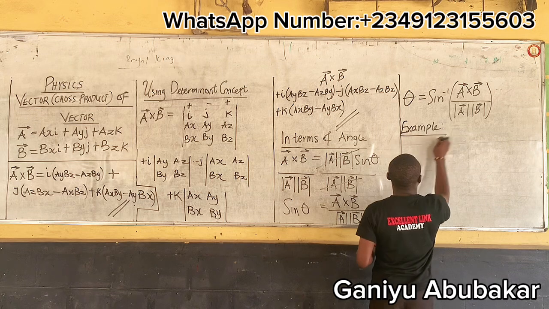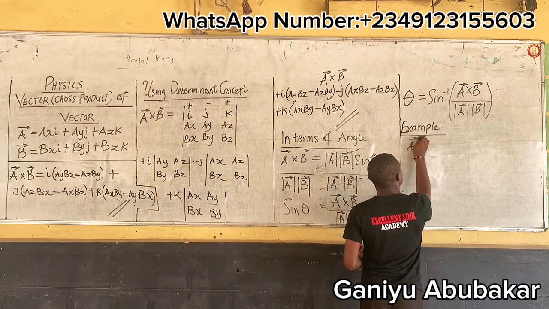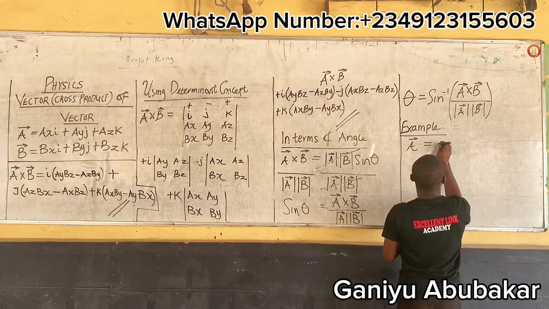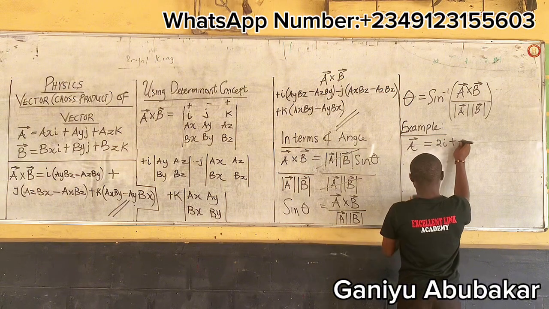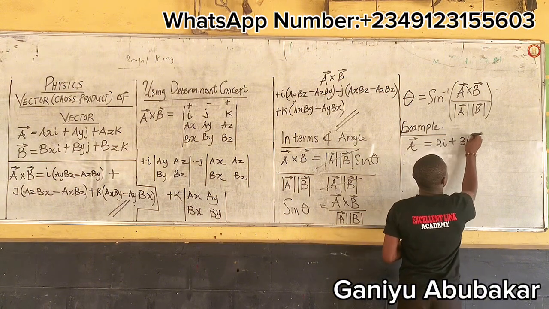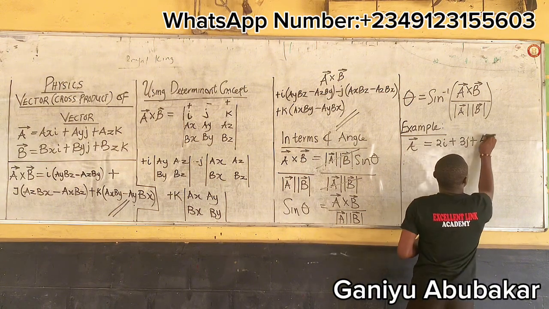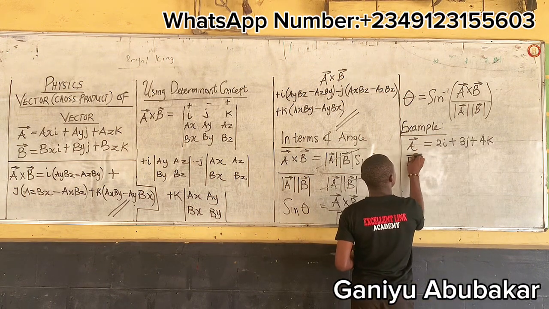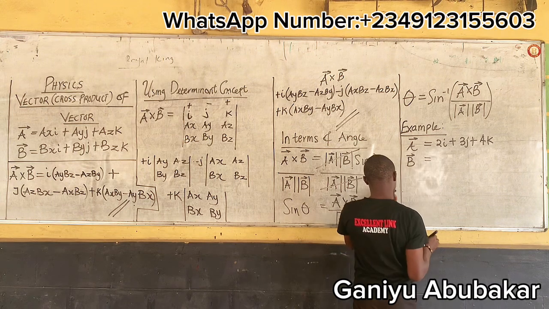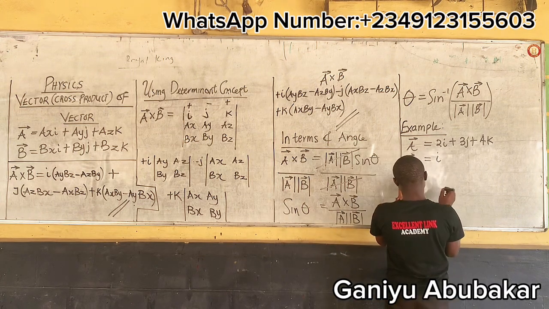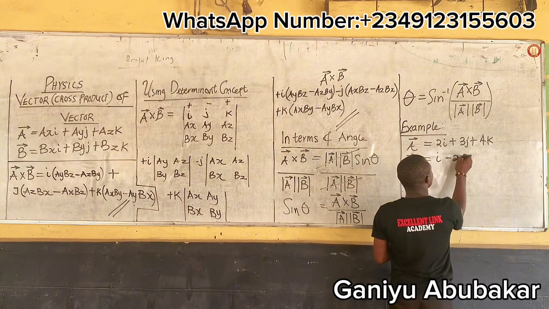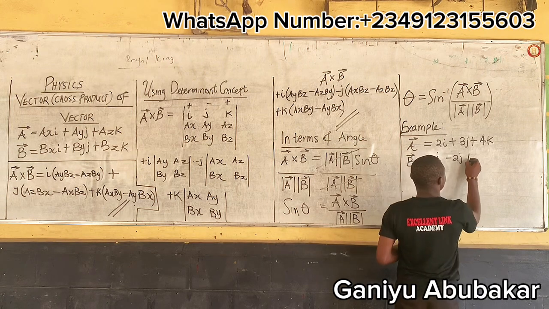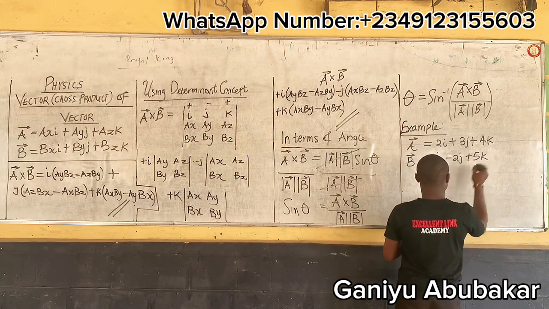Let's say I'm given two vectors. Vector A should be equal to 2i plus 3j plus 4k, and I'm given another vector B, to be equal to i minus 2j plus 5k.